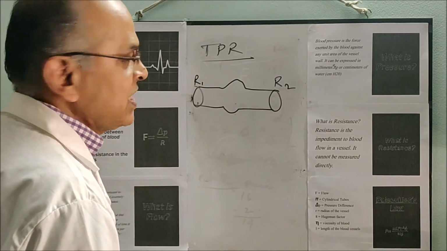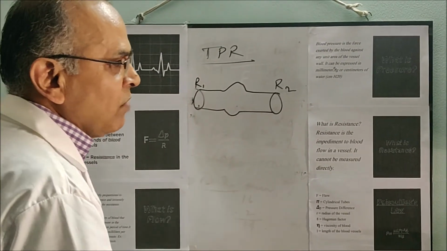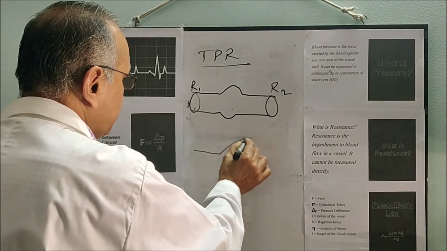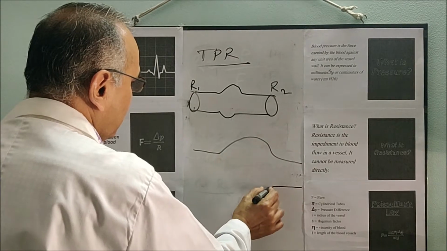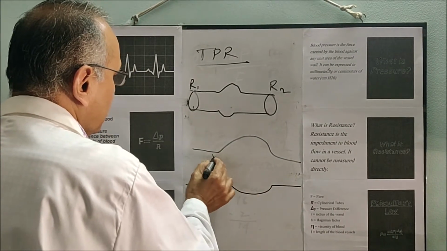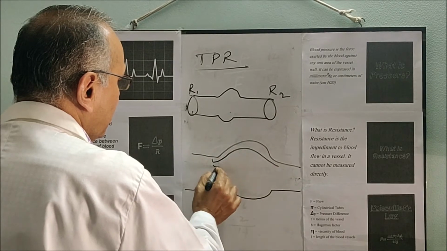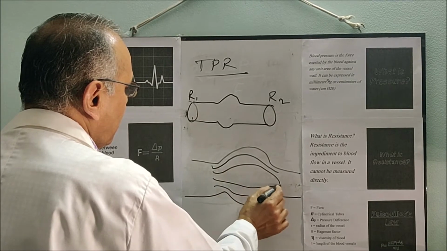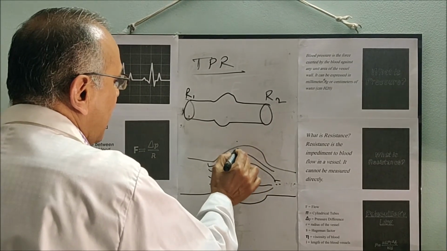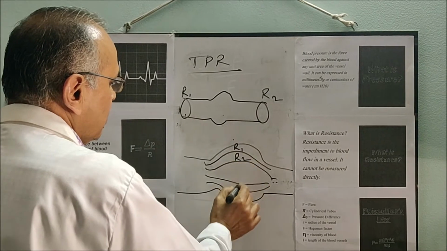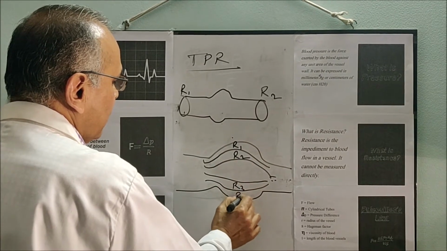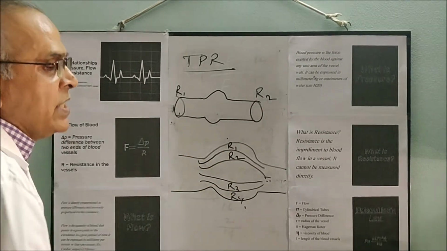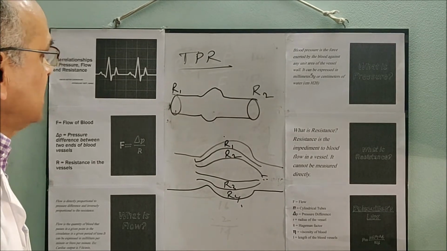Similarly, resistance is also offered by parallel blood vessels. Suppose these are the blood vessels, R1, R2, R3, R4. The summation of R1, R2, R3, R4 gives the total peripheral resistance.